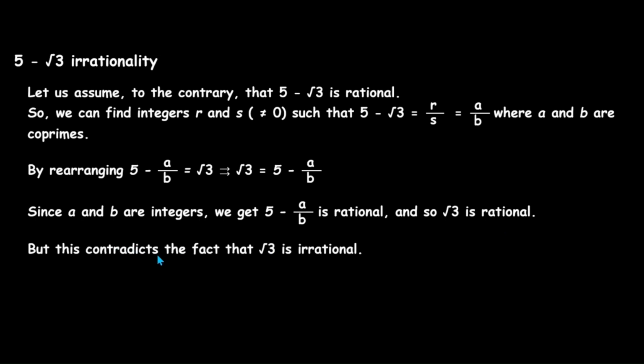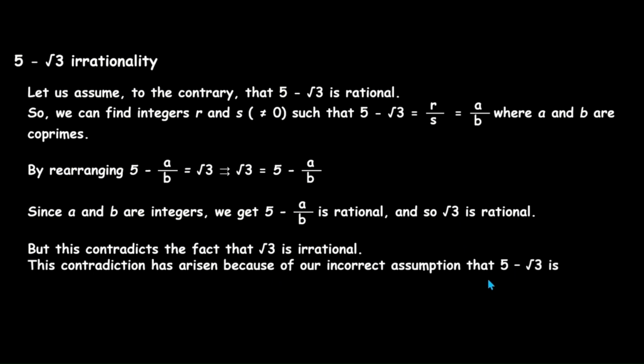But this contradicts the fact that root 3 is irrational. So this contradiction has arisen because of our incorrect assumption that 5 minus root 3 is rational. So we conclude that 5 minus root 3 is irrational.